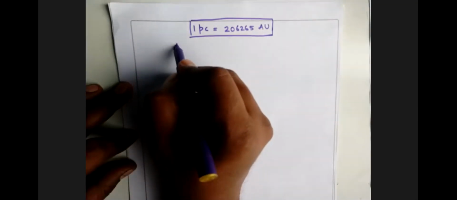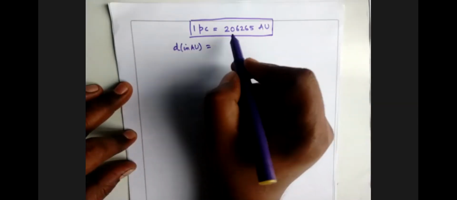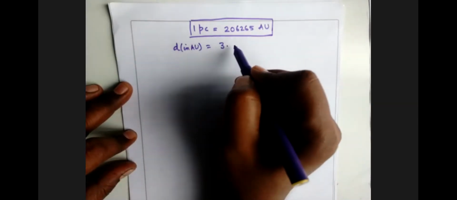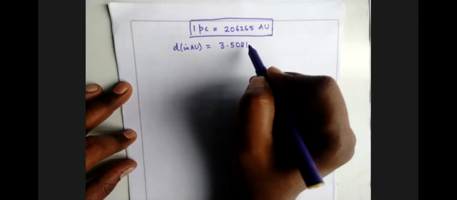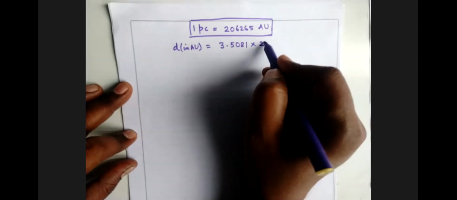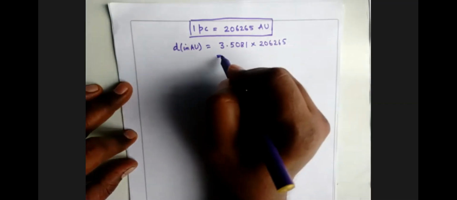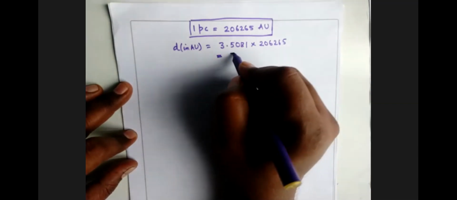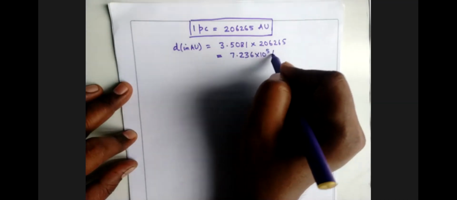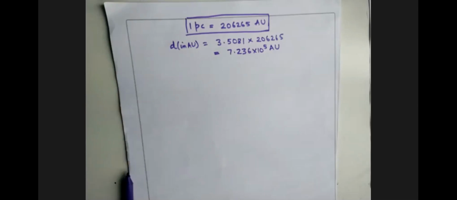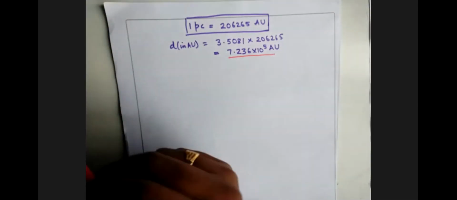So D in astronomical units is equal to 3.5081, the distance in parsec we calculated, times 206,265 astronomical units. This gives us 7.236 × 10^5 astronomical units. This is the answer in astronomical units.